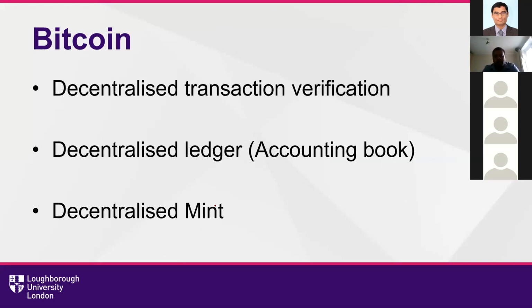Now, let me ask you a question. With normal currency, like Sri Lankan rupees, the government and the bank print new currency, right? So what about Bitcoin? There is no central authority. Minting is similar to printing new currency. Think about how it is possible.